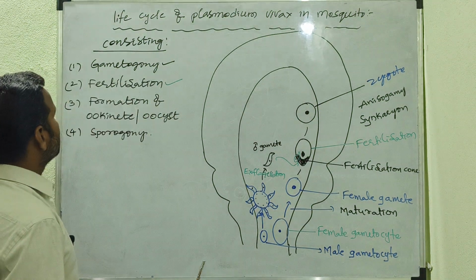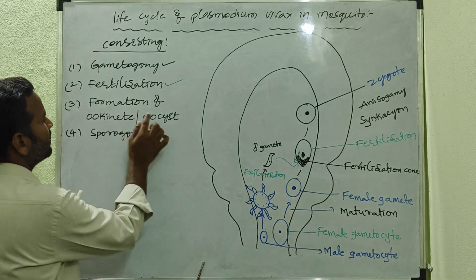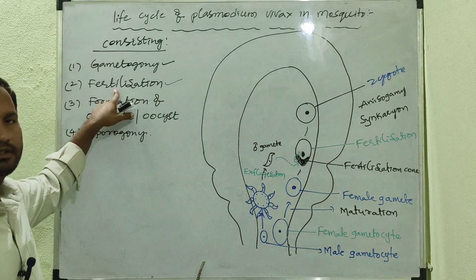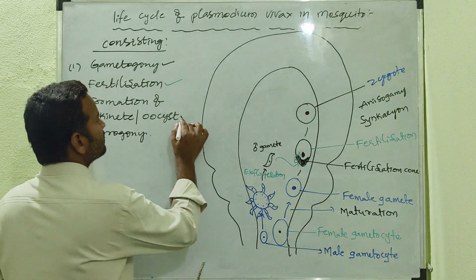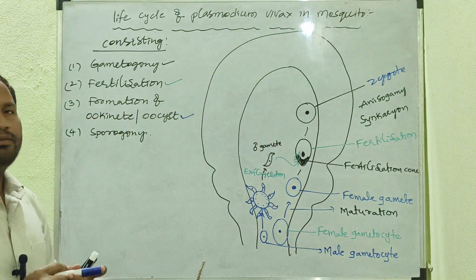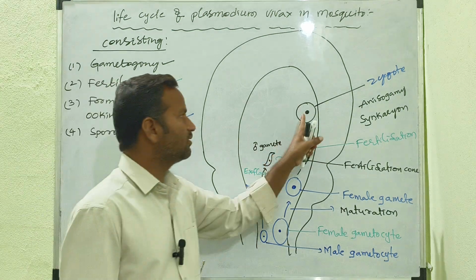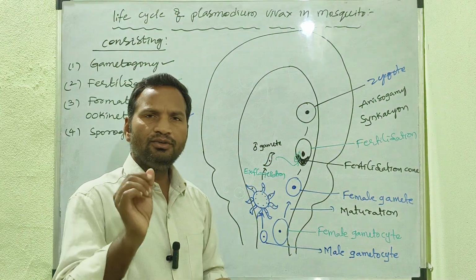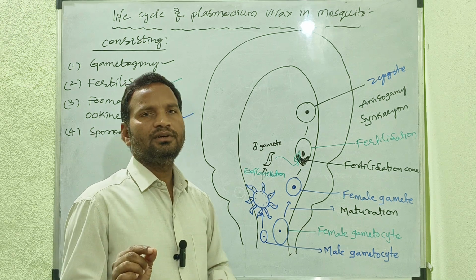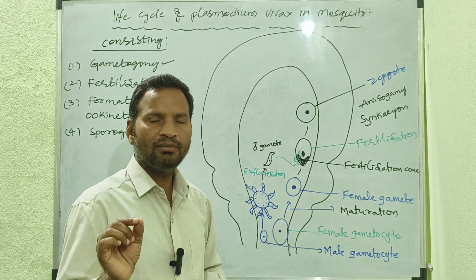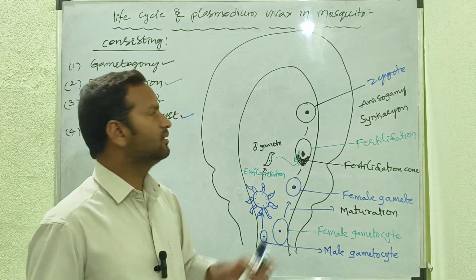But now come to the point. After the formation of the zygote, let us discuss the formation of ookinete and oocyst. Fertilization is completed. Then let us see the next level, that is the formation of ookinete or oocyst. See there, this is the zygote. Usually the zygote is round in shape and in an inactive state.